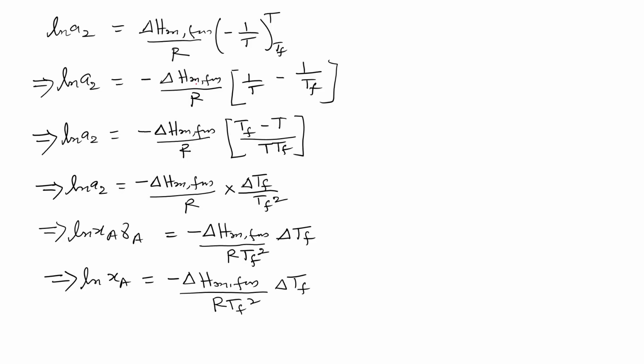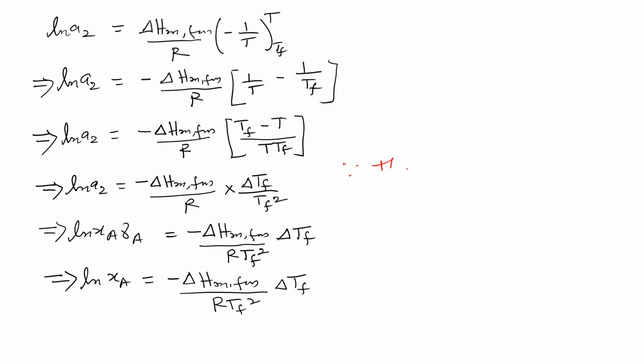Then ln A2 is equal to minus delta Hm fusion by R. Then we put the limit, upper limit 1 by T minus lower limit. So ln A2 is equal to these things. Now here T into TF, so it will be TF minus T, right? So ln A2 is equal to this part into delta TF. TF minus T is delta TF, and here I have written TF square instead of T TF. Why?